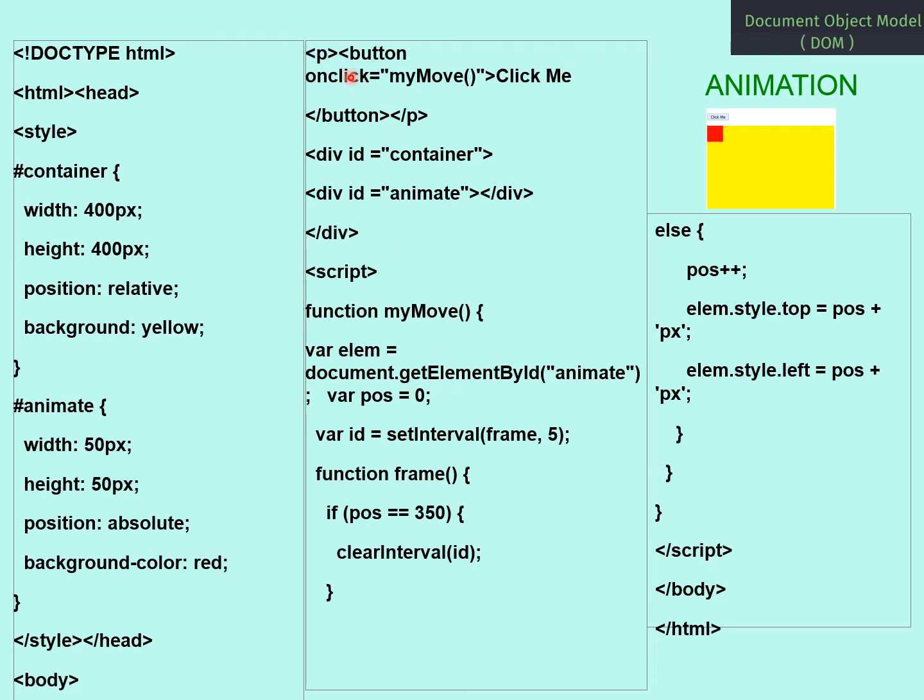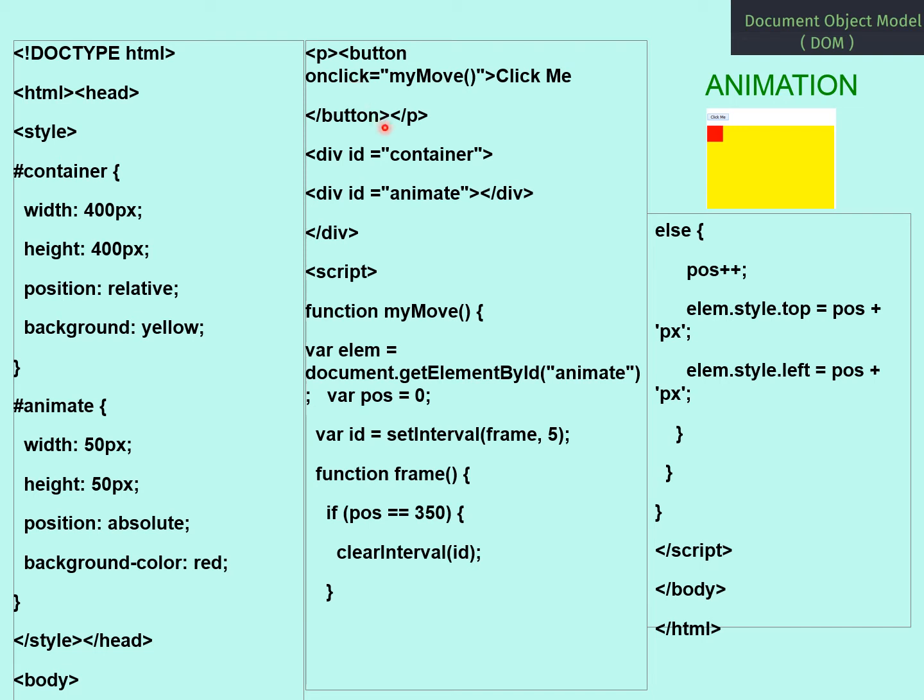So in the paragraph, a button is created with the text click me, that is the text on the button. Whenever this button is clicked, the onclick event handler will handle that click. So onclick is an event handler. Whenever this button is clicked, onclick calls the myMove function.